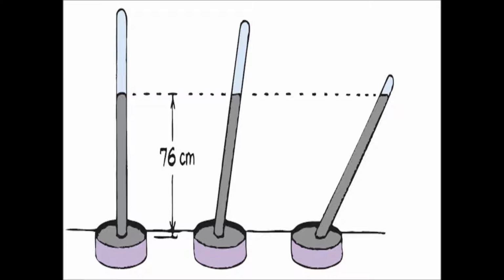And the region above the dotted line is going to be a vacuum. And the pressure is simply based on two things: the type of fluid, i.e. it's mercury, and the height of the column. That's all that the pressure of the fluid is based on.